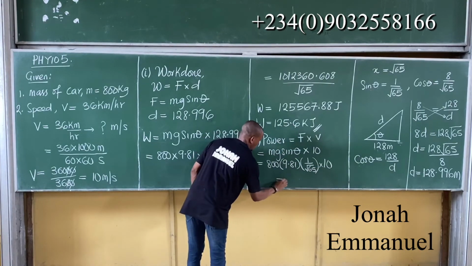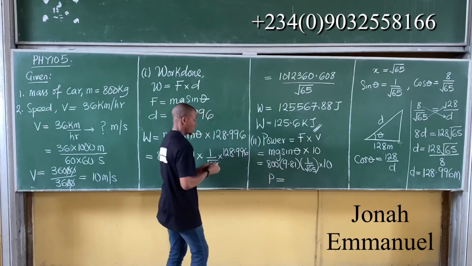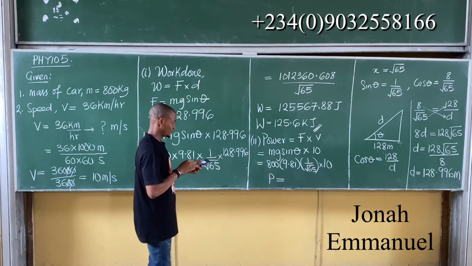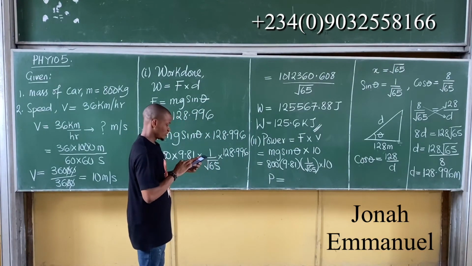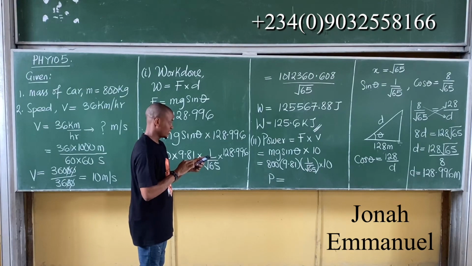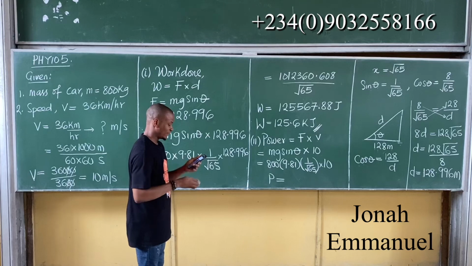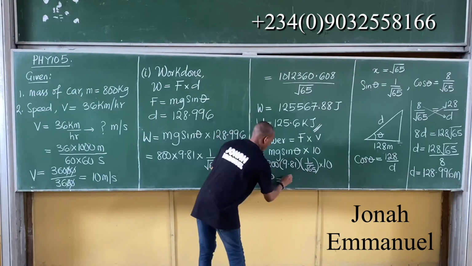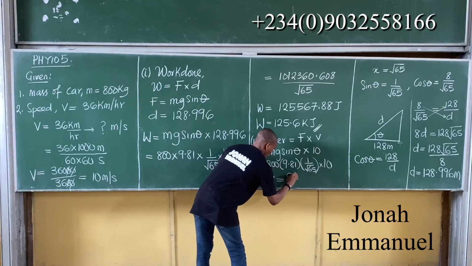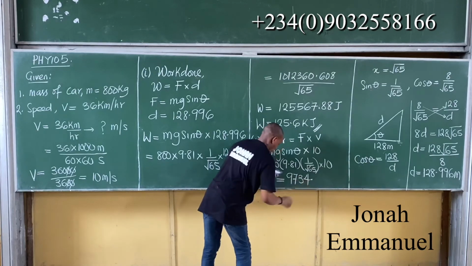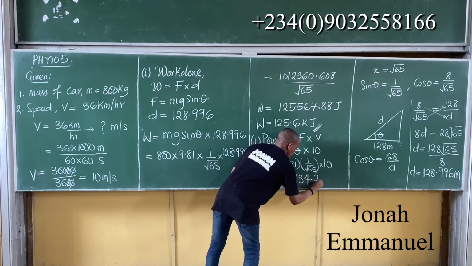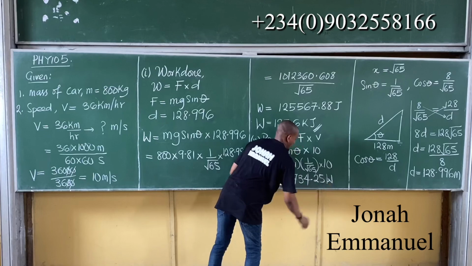You punch this into the calculator, you have that the power is equal to 800 times 9.81 times 10 all over square root of 65. So it's about 9734.25 watts.